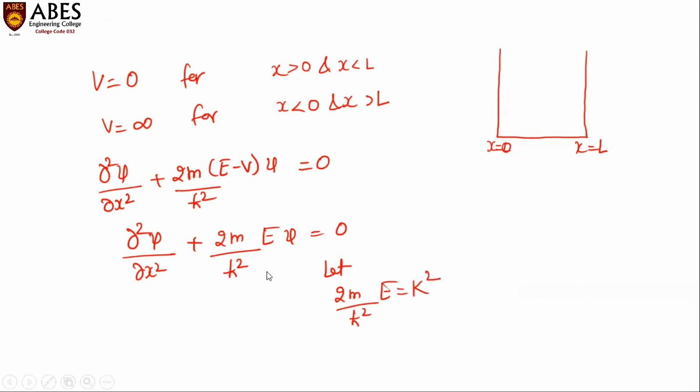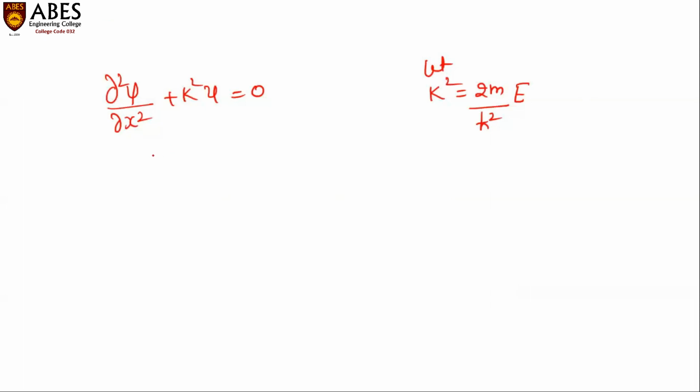Then the above equation can be written as del square psi by del x square plus k square psi is equal to 0, where k square is equal to 2m by h cross square into E. Then the solution of this equation is psi of x is equal to A sin kx plus B cos kx, where A and B are unknown constants.